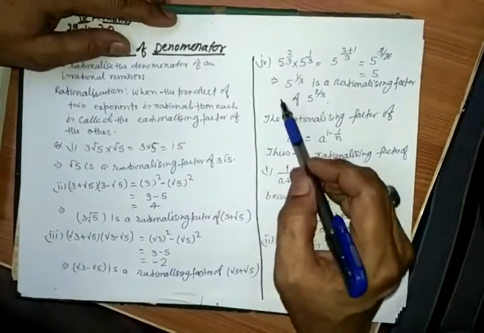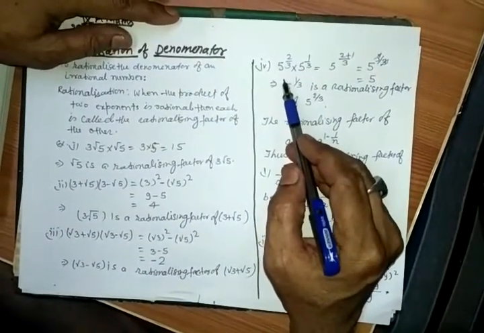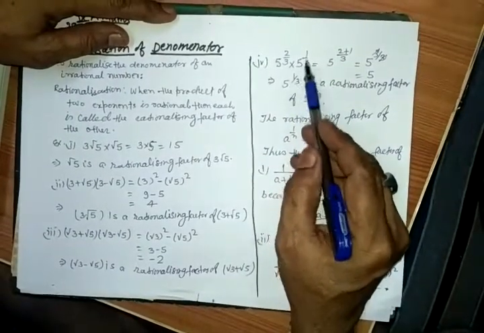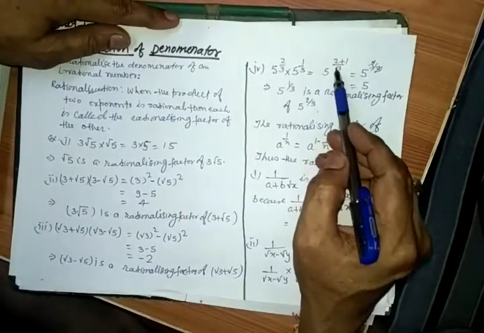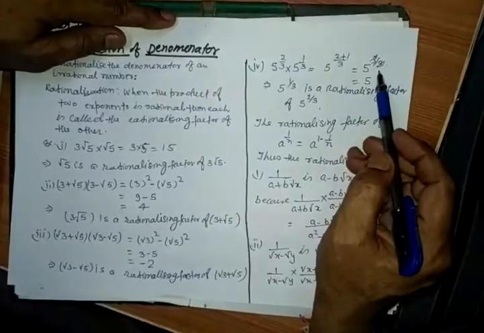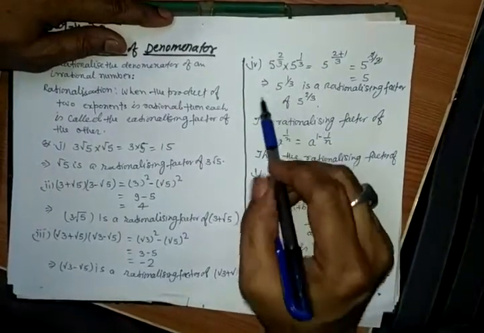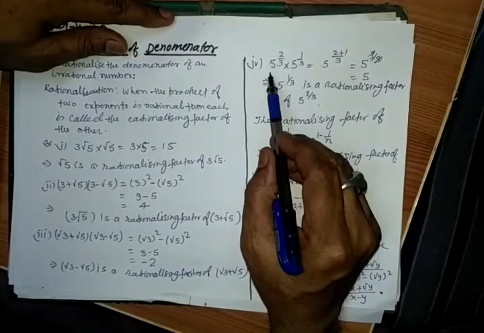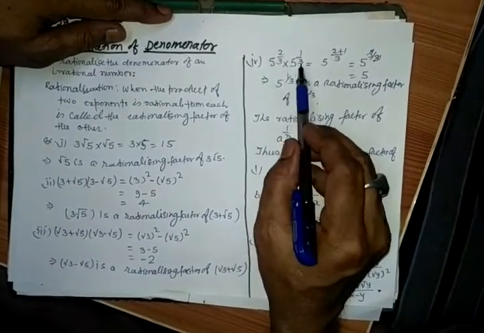Fourth is in exponential form: 5 to the power 2 upon 3 into 5 to the power 1 upon 3, that is 5 to the power (2 plus 1) upon 3, that is 5 to the power 3 upon 3, cancelled, equals 5. Here we have used the exponent formula: where the bases are equal, the powers are added.